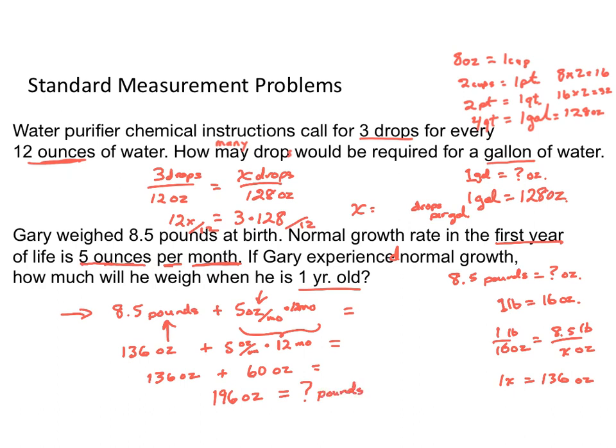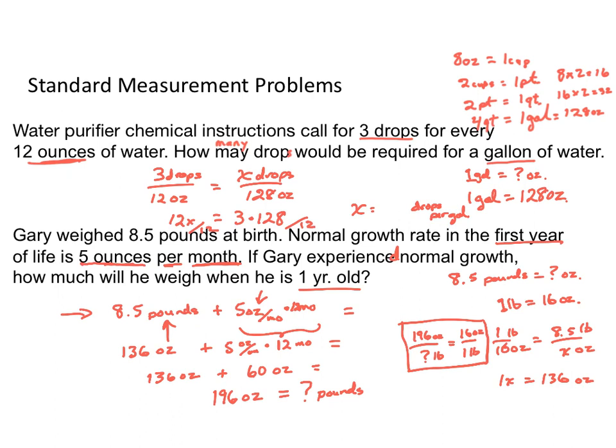So now we're going to convert that back into pounds. Let's take our 196 ounces. We don't know how many pounds that is, but we do know there's 16 ounces in 1 pound. So there's our new proportion. Notice our units match: ounces compared to pounds equals ounces compared to pounds.